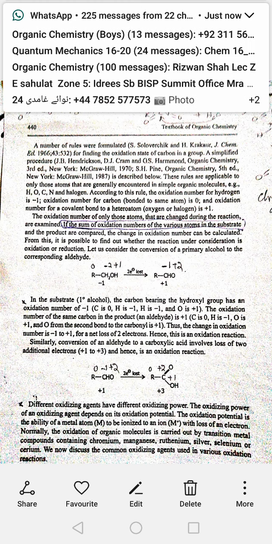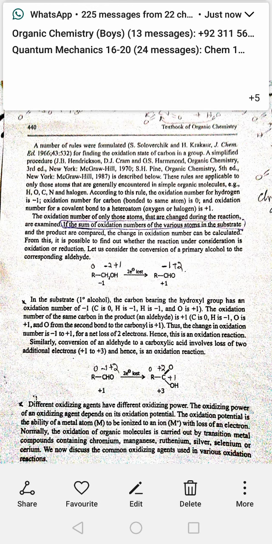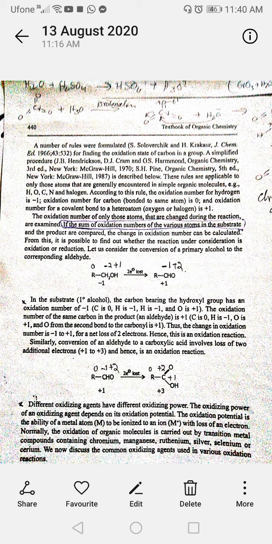So electrons will be attracted from the hydrogen by the carbon. So here -1 will be the oxidation state for the hydrogen.